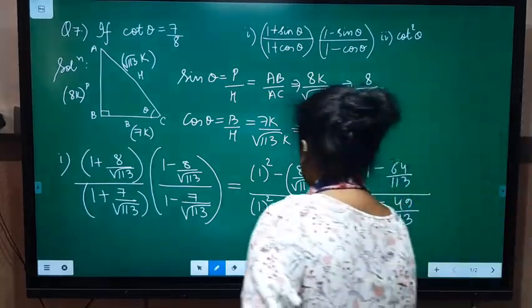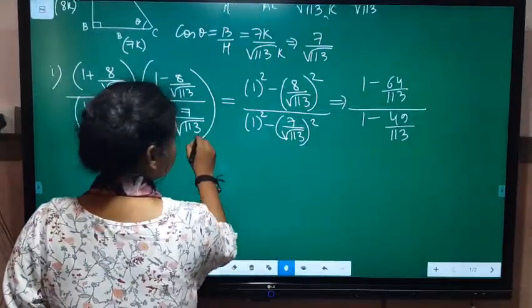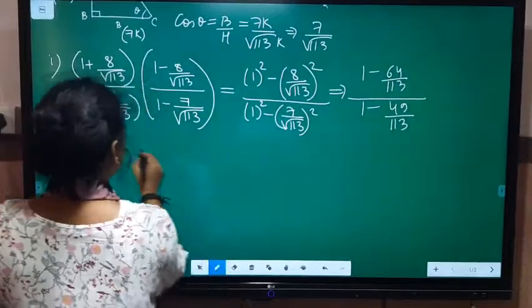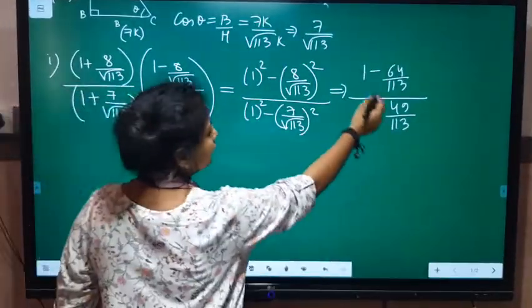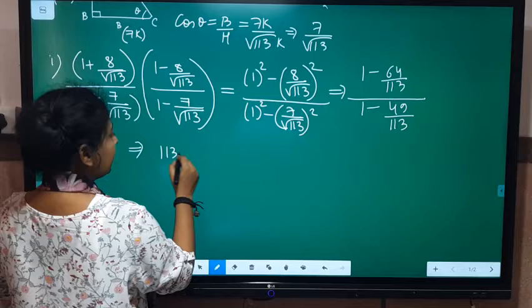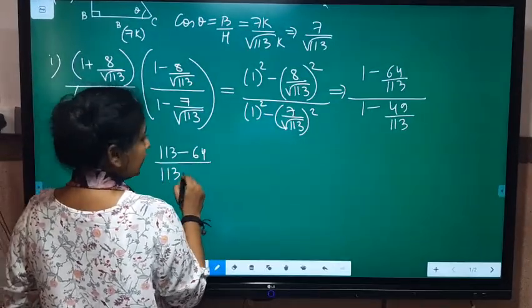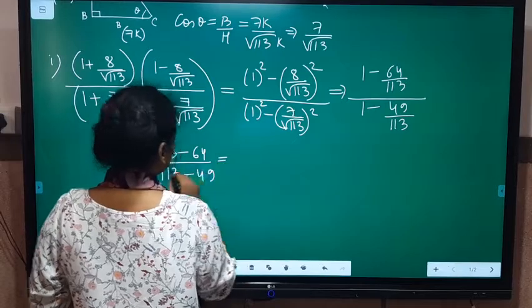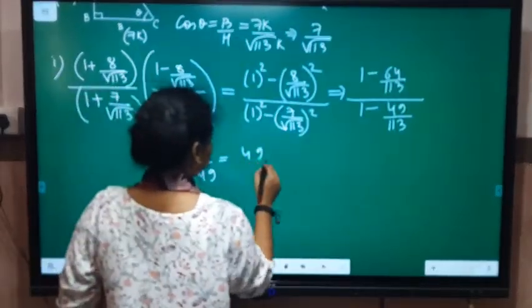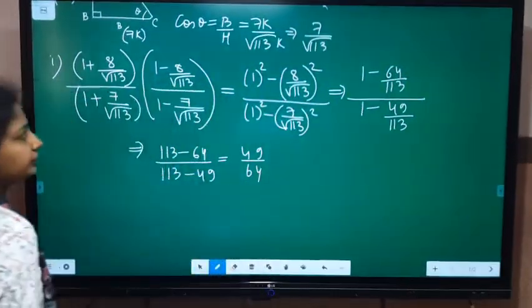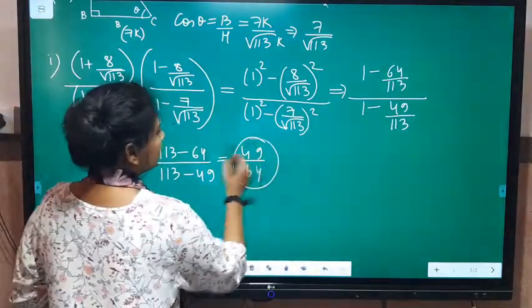On solving this by taking the LCM, we have 113 minus 64 upon 113 minus 49. So this value comes out to be 49 upon 64. So this is our value for the first part.